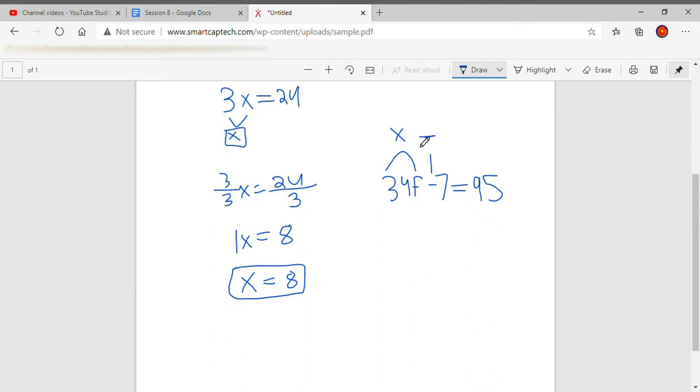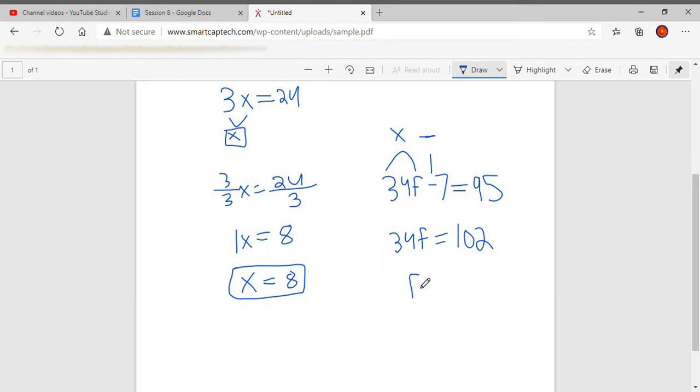The opposite of subtraction is addition. So 34f equals 95 plus 7, because remember, you have to use inverse operation, equals 102. Now we know that this is a multiplication, so do division.